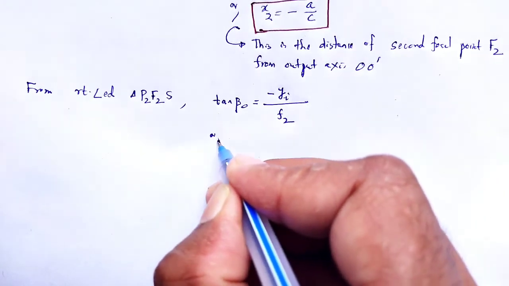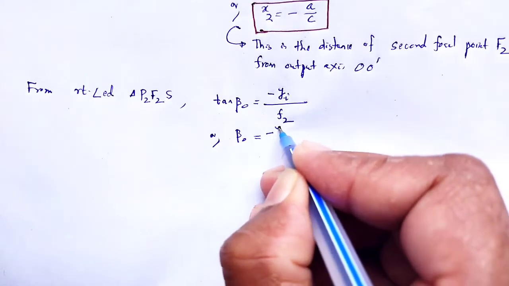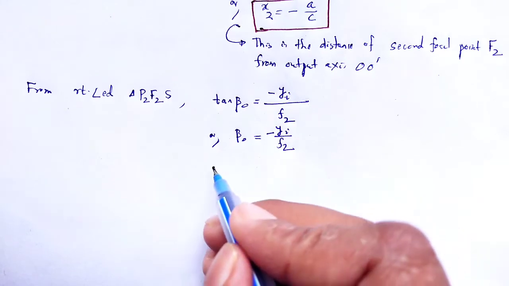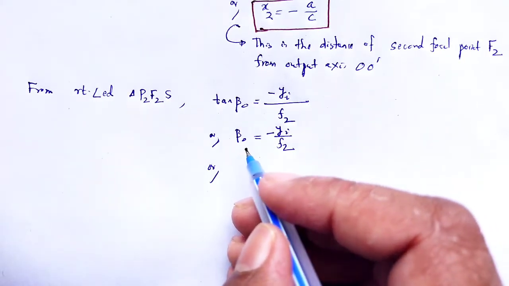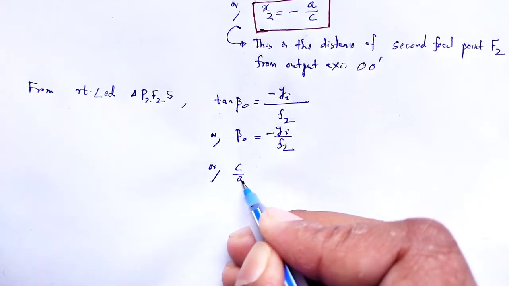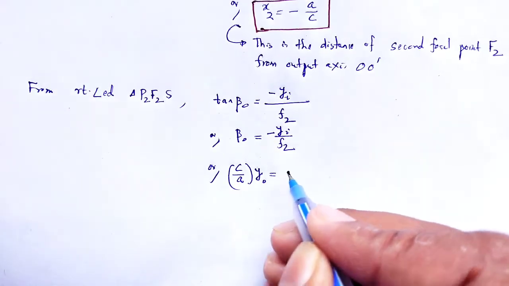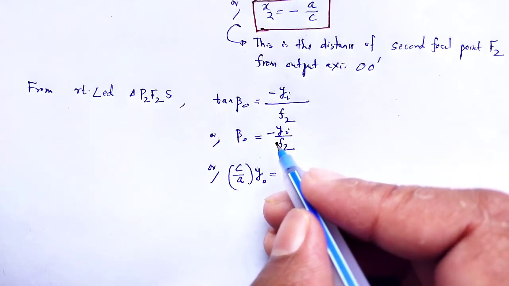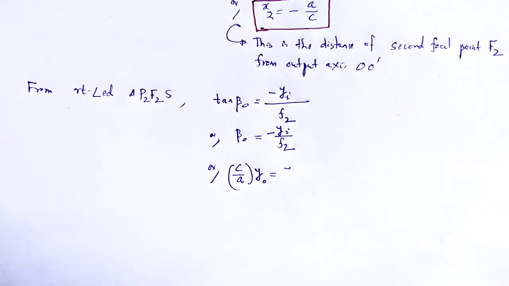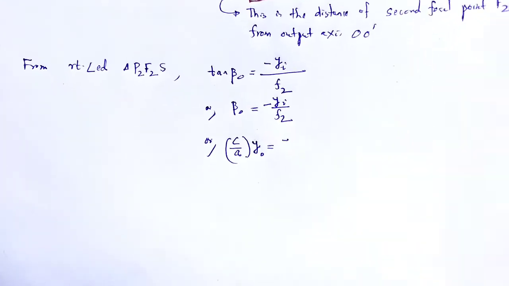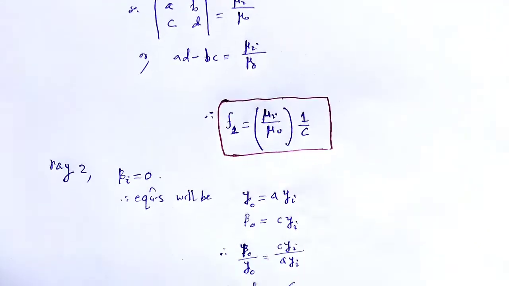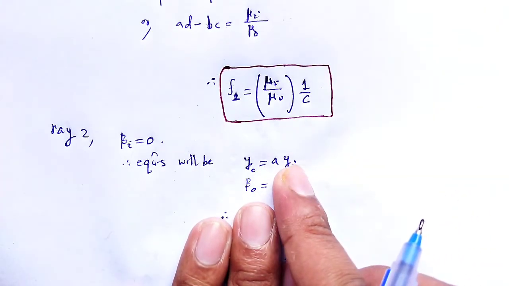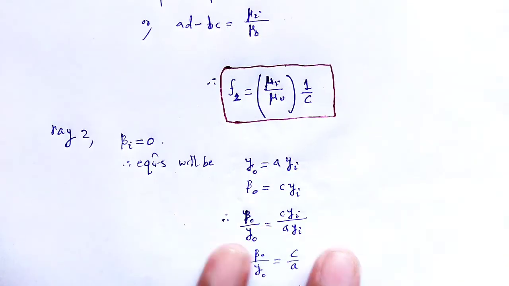For paraxial rays it is the same. Now the value of beta naught is C by A y naught, and in place of yi we put y naught by A, since y naught is equal to A yi.